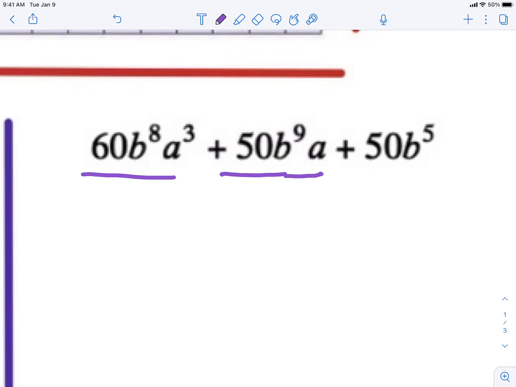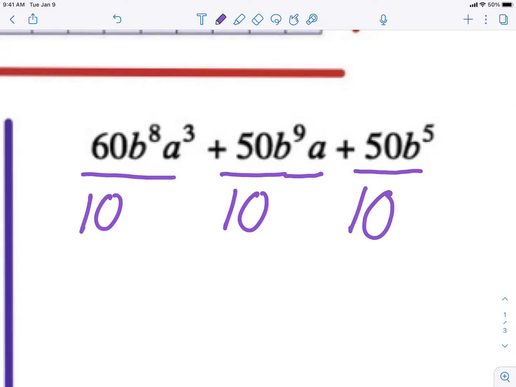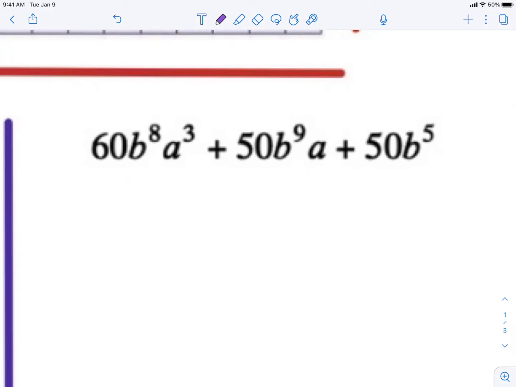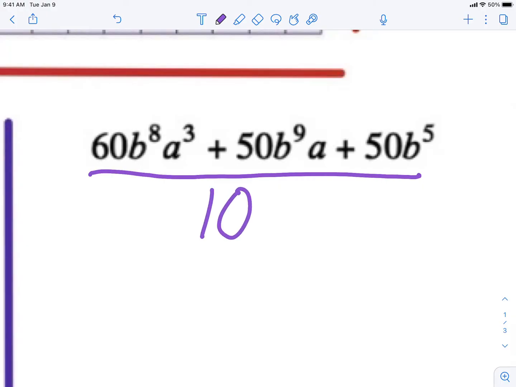I know for sure I'm going to divide by 10. 10, 10, 10. And actually, as a matter of fact, let me show you a different way. We're going to draw a huge line just like that, and I know I'm going to divide by 10, right?